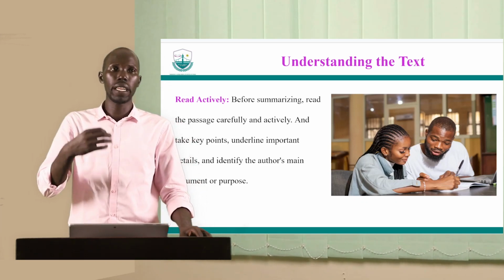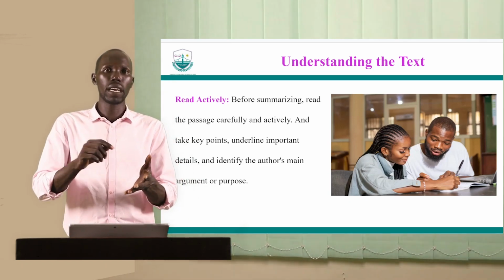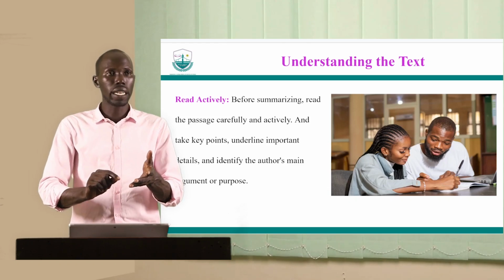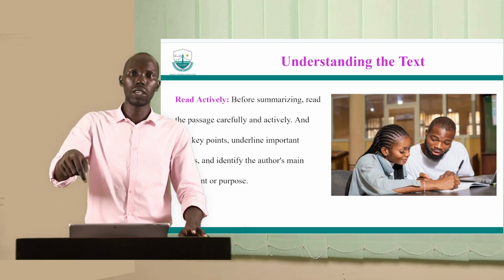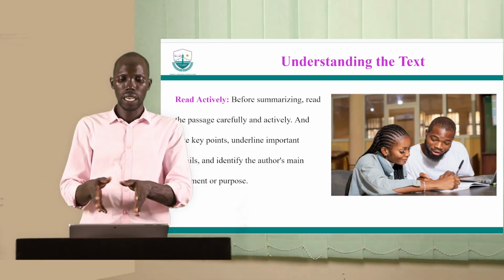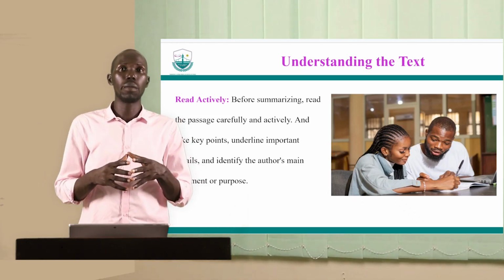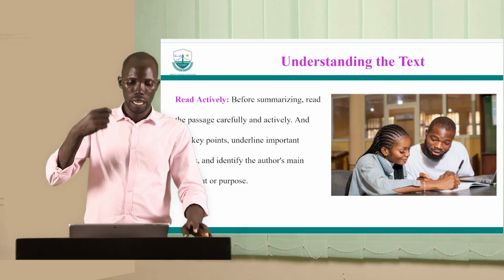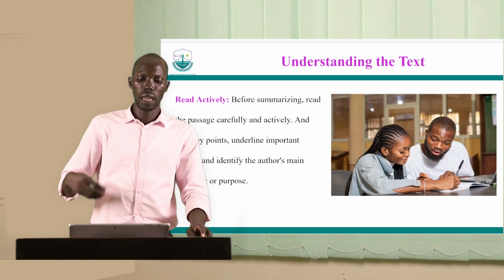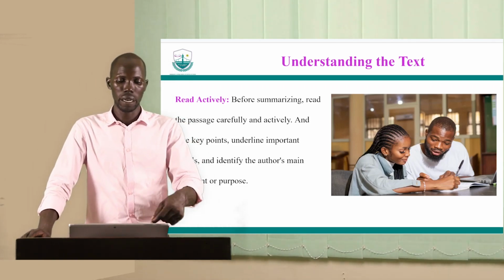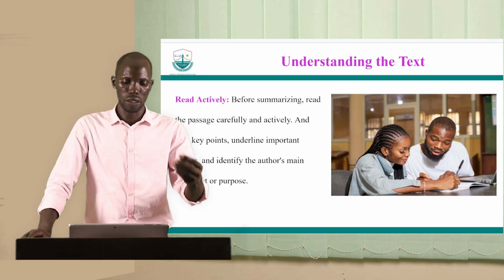You cannot comprehend a text if you don't read it, and you cannot read a text without jotting down something. As you read, note down some points that the original text says, and I still stress, if there are points outside of the original text, don't bring them in. You use what was given by the initial author, and then you reduce the number of points therein into what is now termed as a summary, a brief or concise version of an original text.